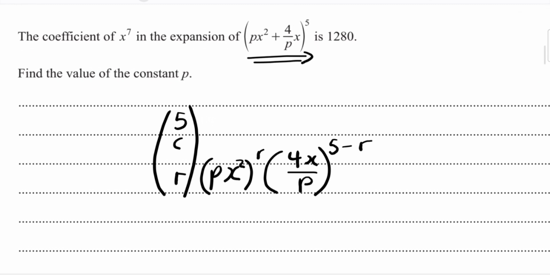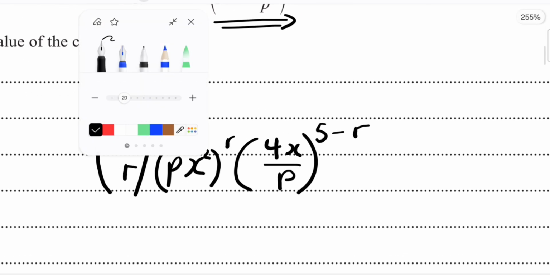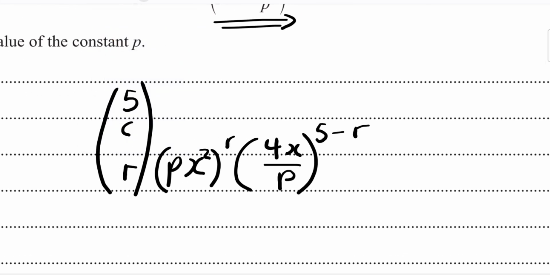the power on x should be 7. And if we look at this, we're saying this is x being raised to the power 2 times r, right? So that's 2r for the power of this x. And for this one, it's x being raised to the power 5 minus r.